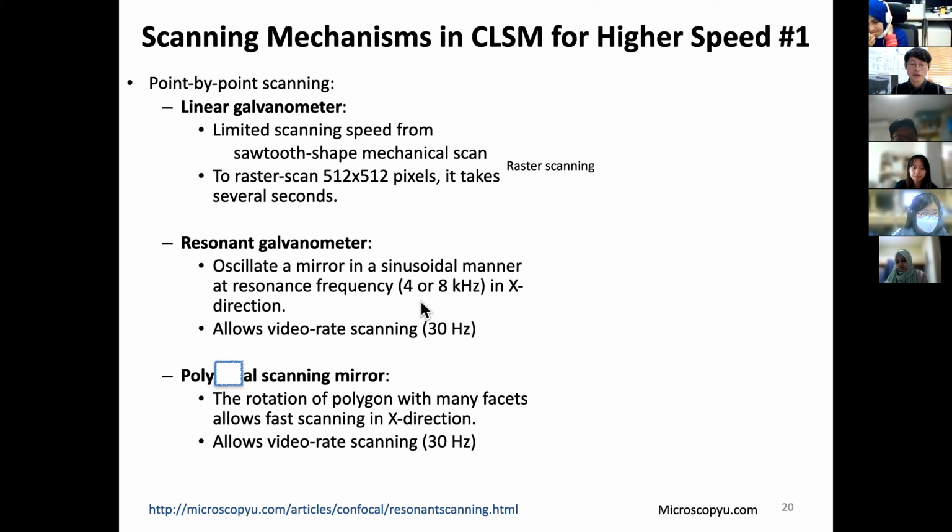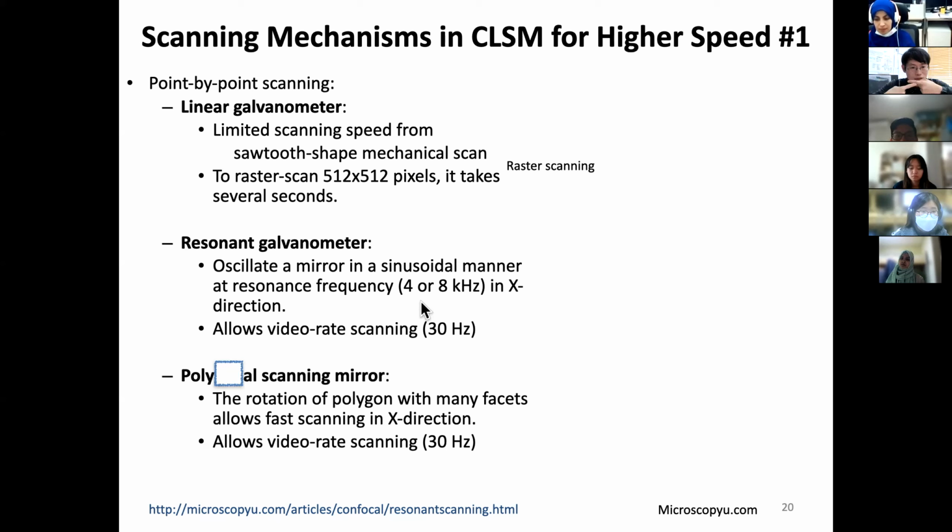There are other tricks to make this X scanning better. One way is you make a cylinder and then you attach a tiny mirror on the side, and instead of a mirror moving X and Y, just rotate the cylinder while sending the laser in.